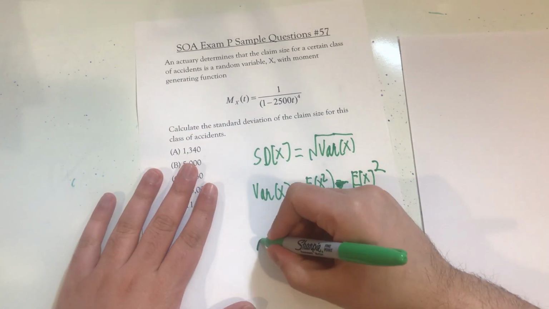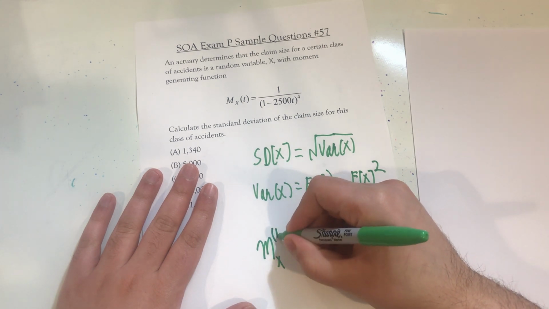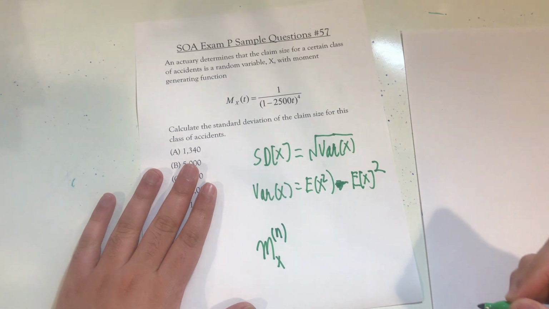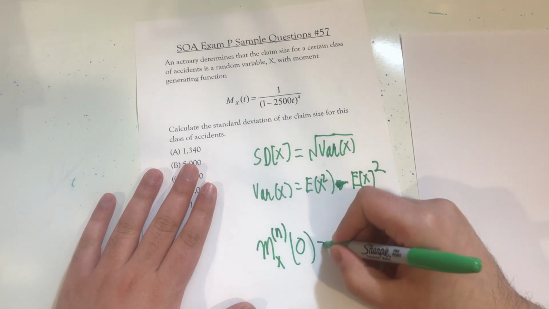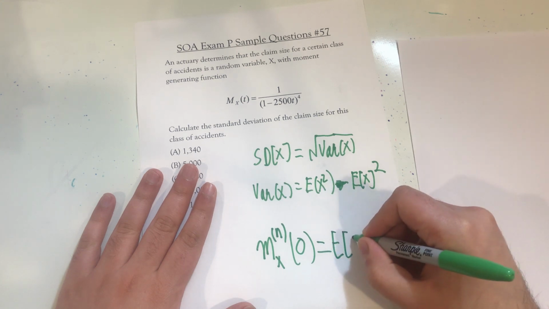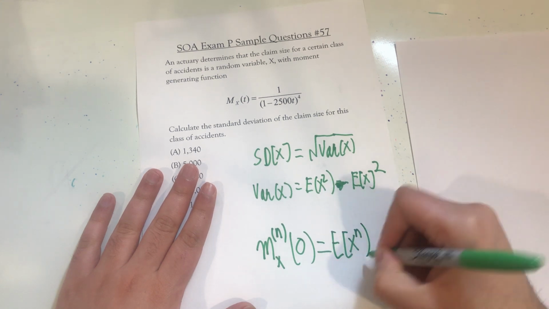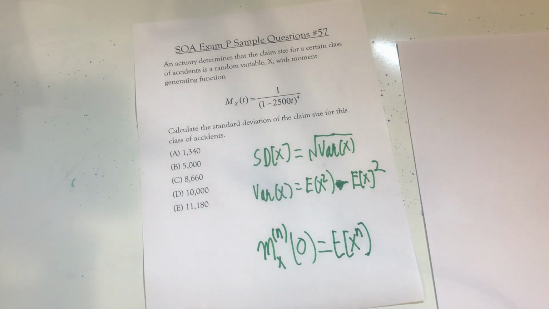If you take the nth derivative and evaluate it at 0, you will get the nth moment, the expected value of X to the nth power. And that's all this question uses.